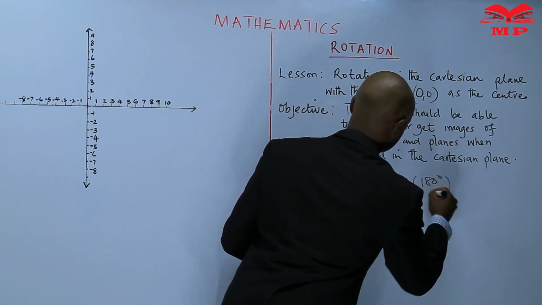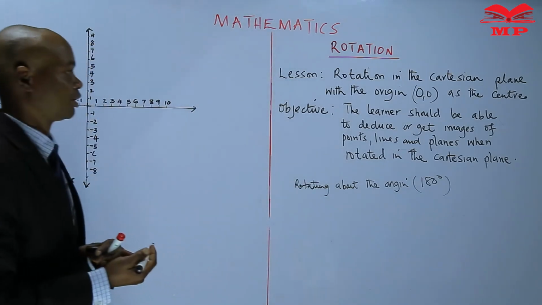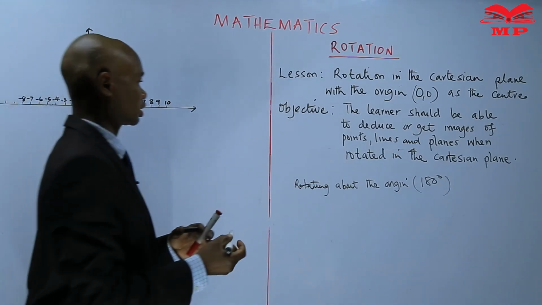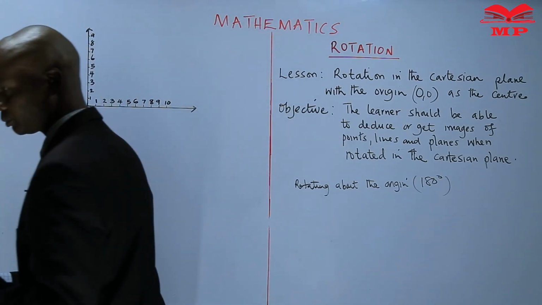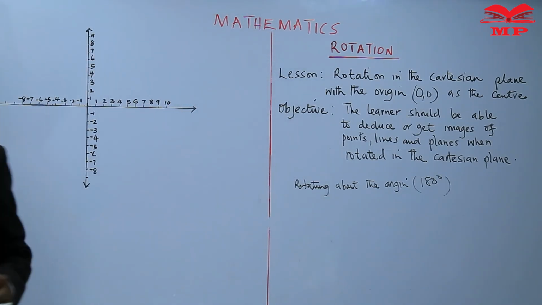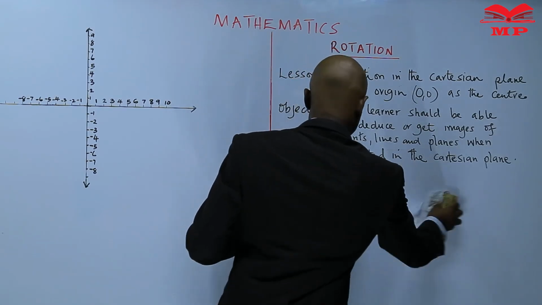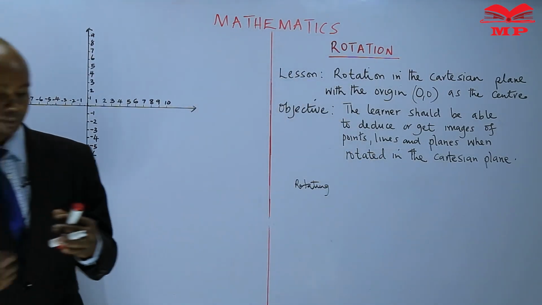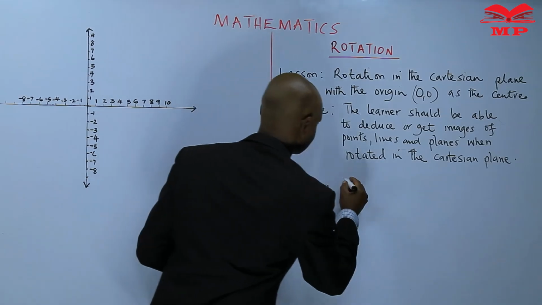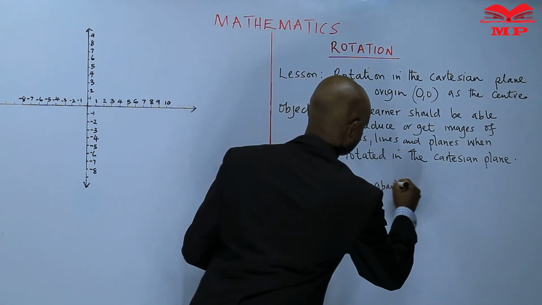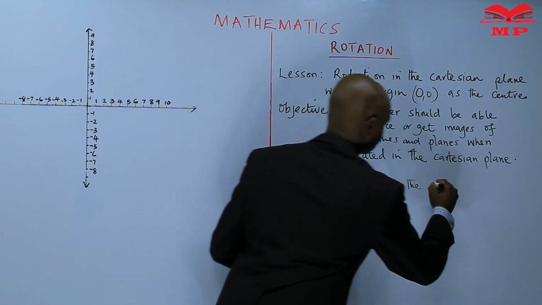We are going to make rotating about the origin 180 degrees, or you can simply say rotating 180 degrees about the origin.